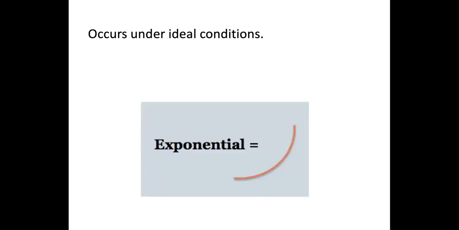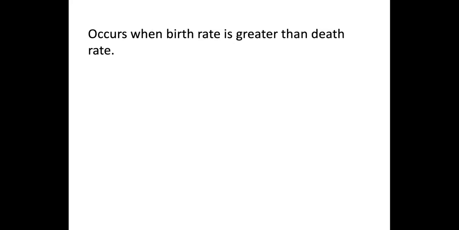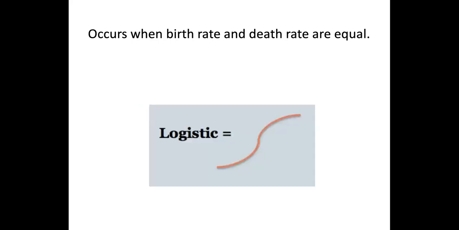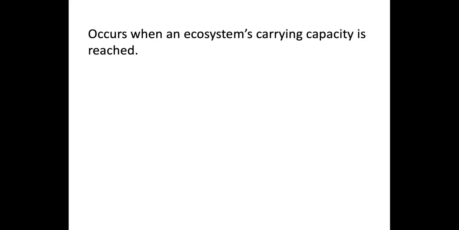Exponential. Occurs when birth rate is greater than the death rate. Occurs when the birth rate and death rate are equal. Occurs when an ecosystem's carrying capacity is reached.